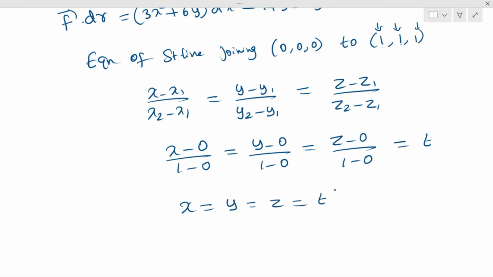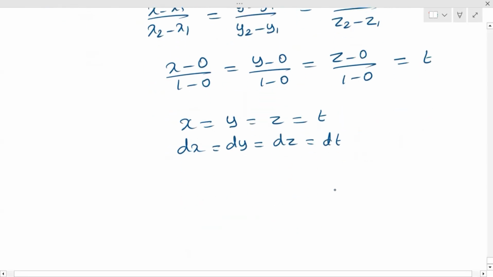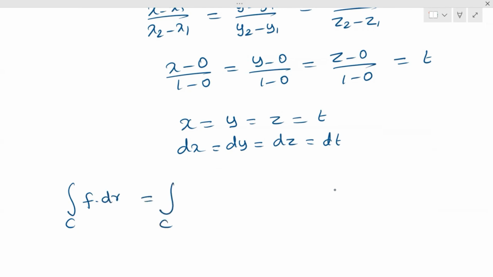All the variables are equal to one thing, and dx equals dy equals dz equals dt. So our integral over C of F dot dr is equal to the integral over C of... What is our F dot dr?